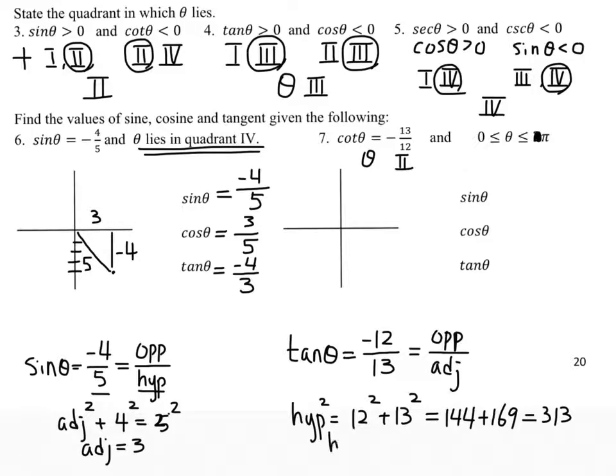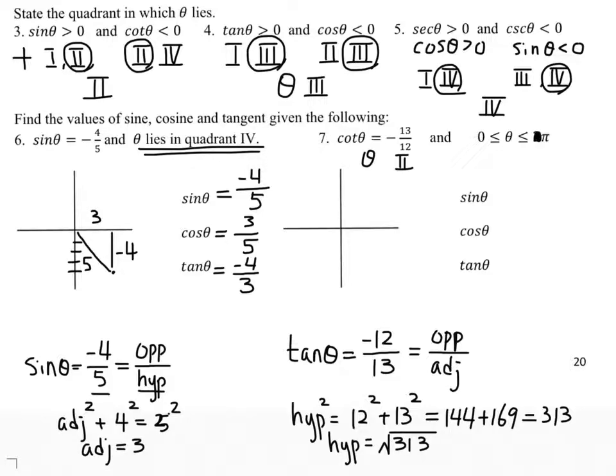So our hypotenuse is going to be the square root of 313. Have you noticed that I'm not trying to use my calculator to turn this into decimal numbers? Like I said, trig ratios need exact values. So whenever it comes to calculations, you can just keep it as irrational numbers. So the square root of 313 works for us.